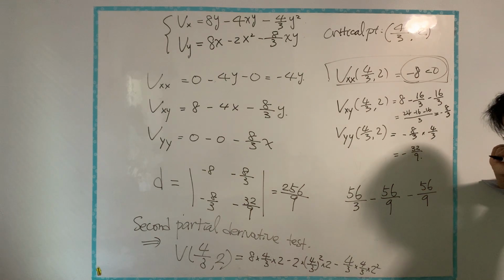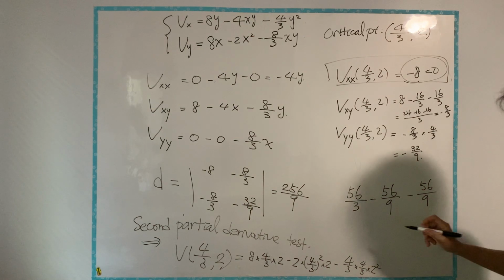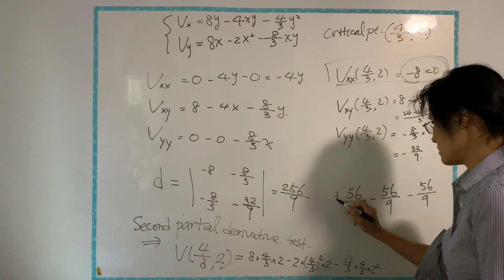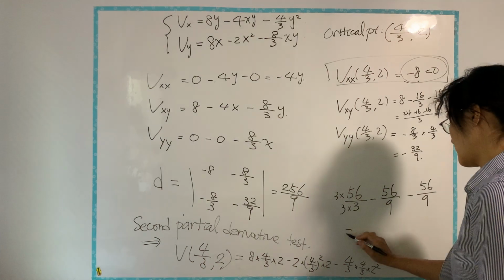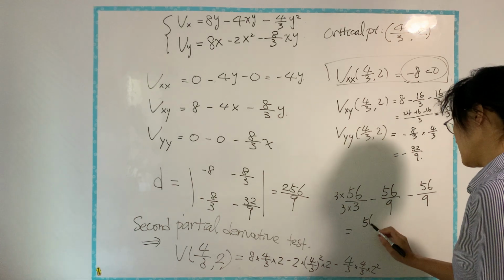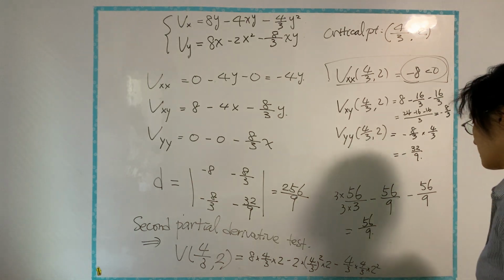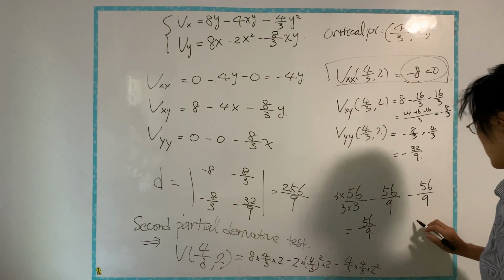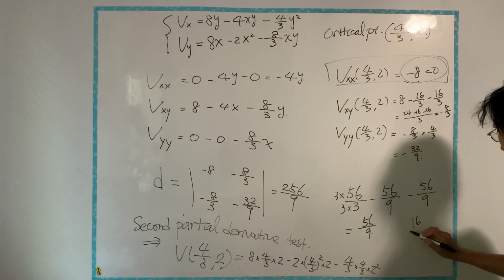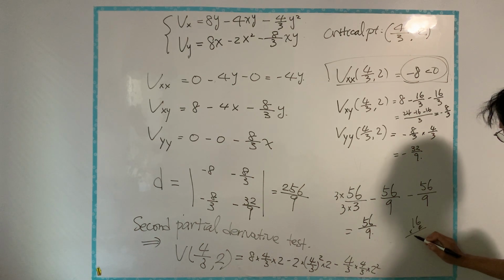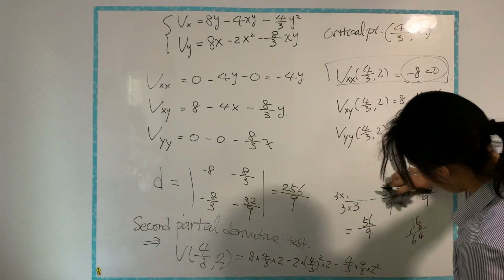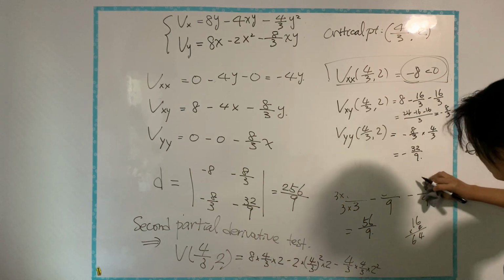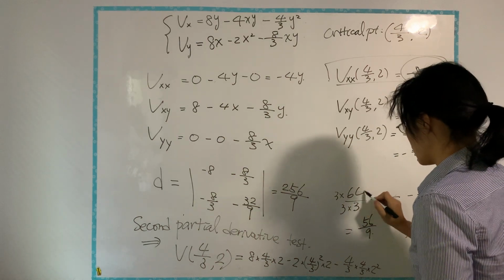Okay. All right. So make a common denominator. I feel I did something wrong. 16 times 4 is not equal to 56. It's equal to 64.